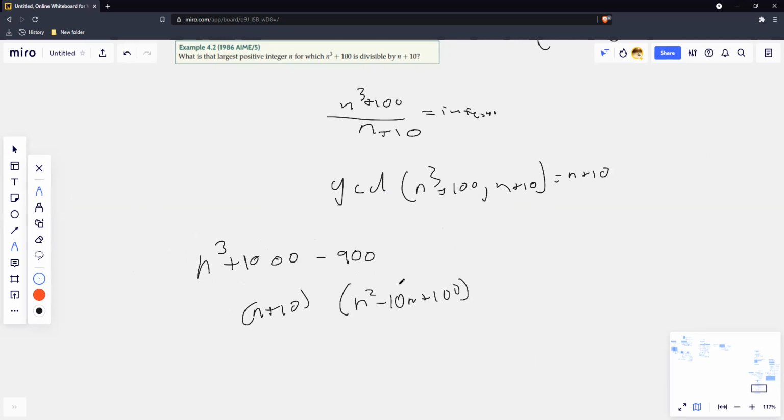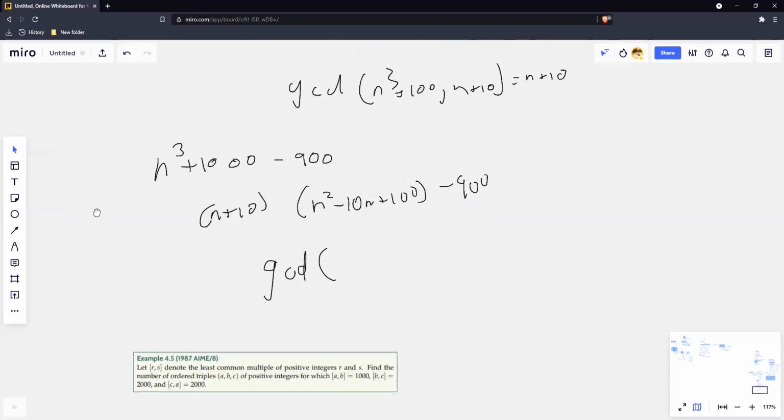Let's see if that's true. Yep, if we multiply it out, you should be getting n cubed plus 1000, and we had to write minus 900 here. So this is basically equal to this, and then I think this problem is basically the same as the last one actually. Do you all know why?